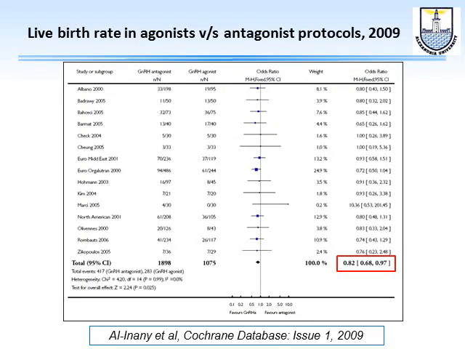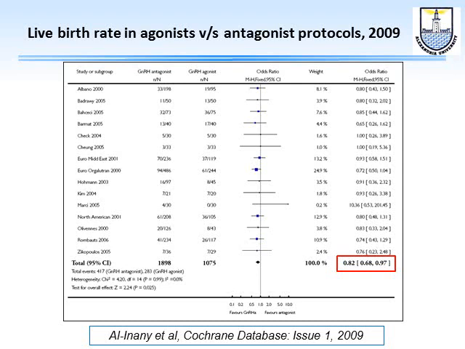So, is the agonist protocol better or the antagonist protocol better? As you can see from this meta-analysis by Hesham El-Inani from Cairo University in 2009, he said that the live birth rate with the agonist protocol was better. And this is 2009.